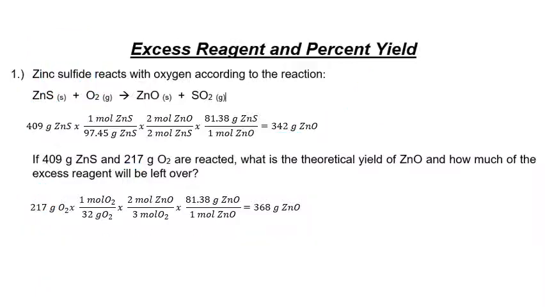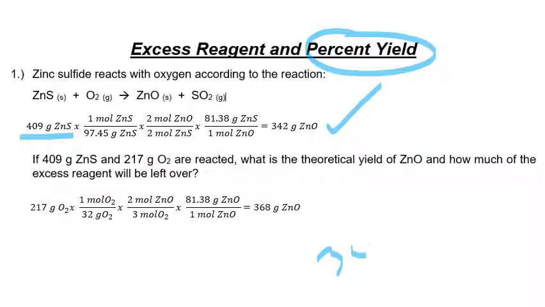Last but not least, if we look at this in terms of percent yield, and you probably have a pretty good handle on this from the lab, remember, since this is the limiting reactant, zinc sulfide, this is our theoretical. And our theoretical is always going to go on the bottom, 342.